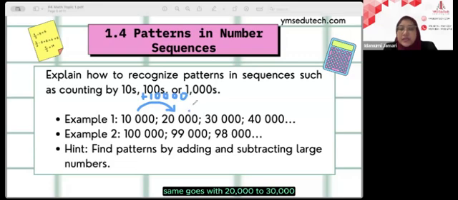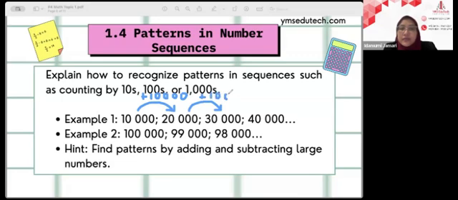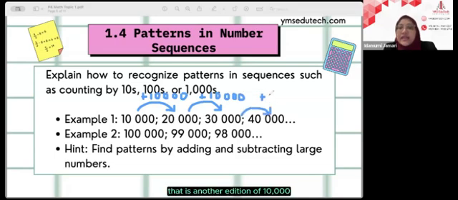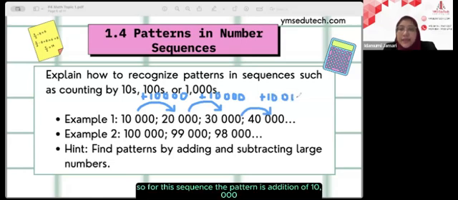Same goes with 20,000 to 30,000. That is an addition of 10,000. And is this pattern consistent? Yes. From 30,000 to 40,000, that is another addition of 10,000. So for this sequence, the pattern is addition of 10,000.